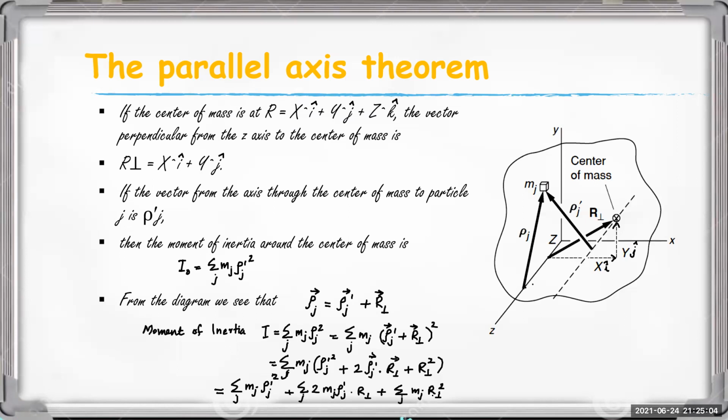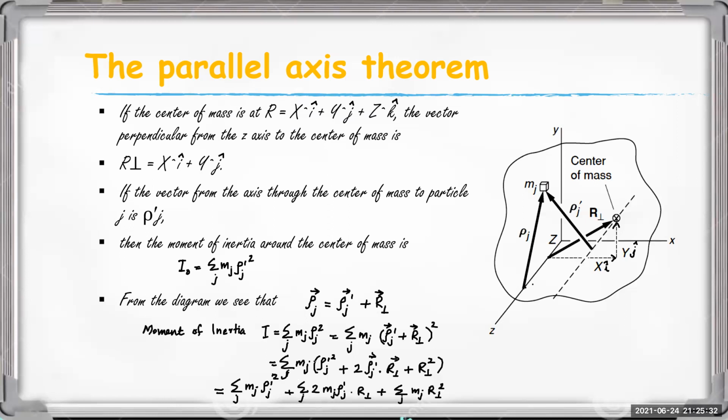Look here, r perpendicular is a constant, so we can take it outside. Then summation j mj must be equal to the total mass m, so we get m r perpendicular square. R perpendicular is the distance between these two axes. If we take it as L, then we get m L square.